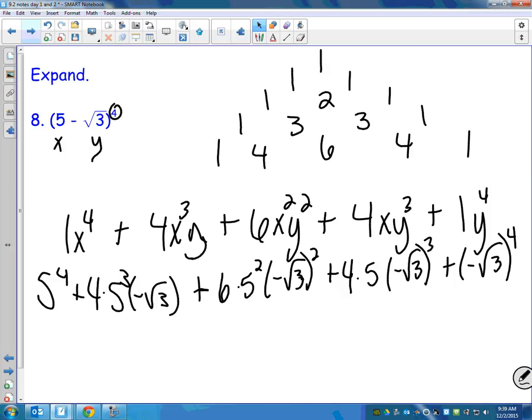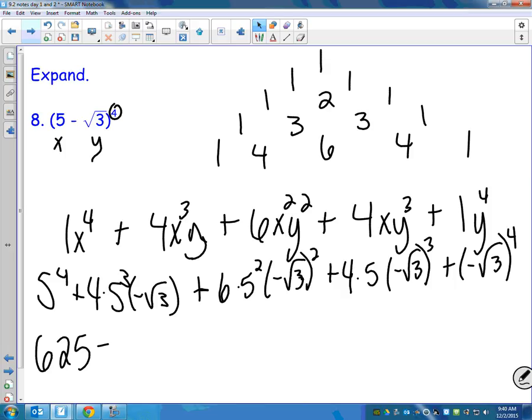Remember, negatives to an even power should give 125. 25 is going to give me negative, and that square root of 3 is just going to stay there, right? I can't simplify the square root of 3 down anymore. So when it's just square root of 3 to the first power, it's going to stay there.